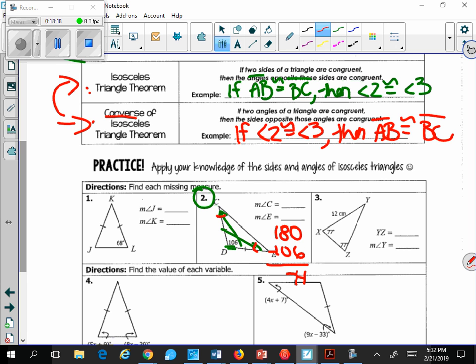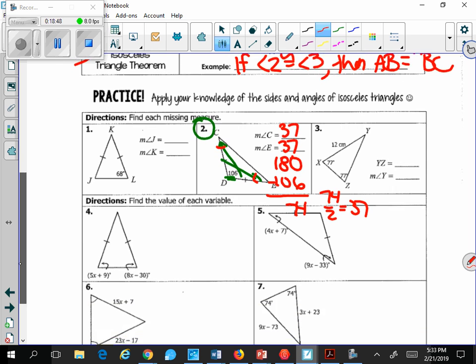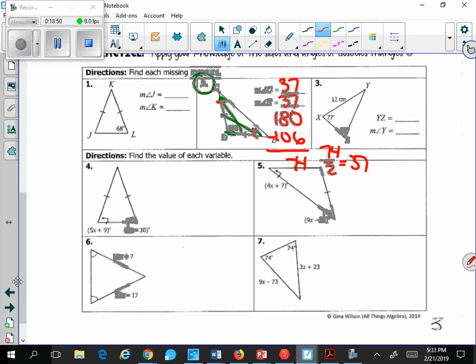Well, if I have 74 degrees left in this triangle to go between two angles equally, I'm just taking that number and dividing it by 2, making each of those 37. And that's what a lot of these problems turn into: figuring out what you know about the angles that you're given, and what you know about other angles besides the one you're given, to figure out different things about each of these triangles. So let's take a look at number 5, for example.